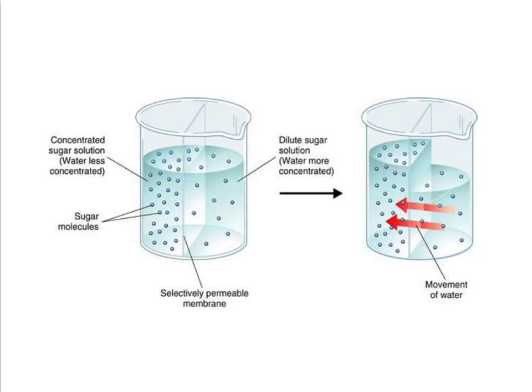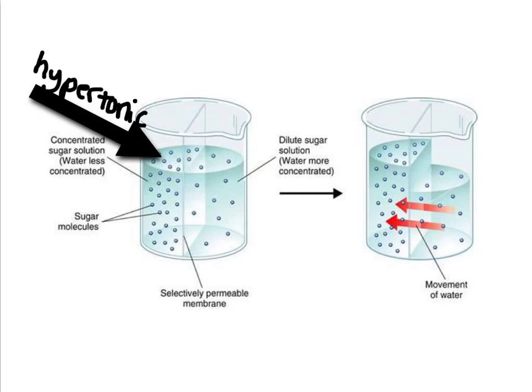Now, scientists are lazy, and they never want to say any more words than they have to, so of course they invented some terms to describe these different solutions. If you have two solutions, the one that has more solutes in it is known as hypertonic to the other solution. The root word hyper means a lot, and in this case, a hypertonic solution has a lot of solutes compared to the other.